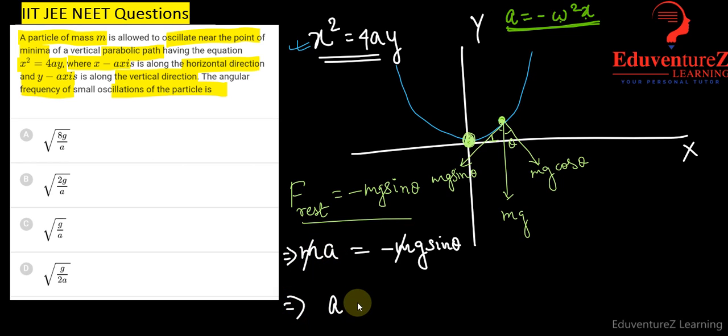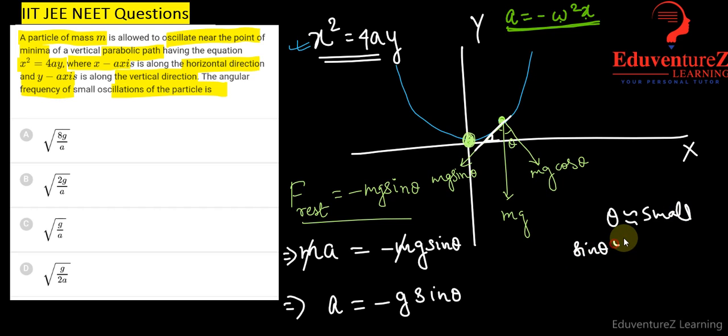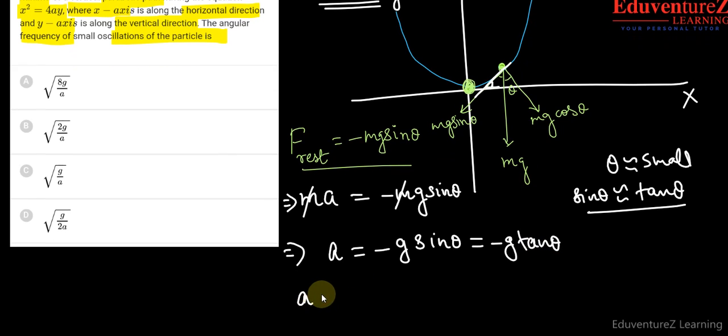A becomes equal to minus g sin theta. Theta is the angle with the x-axis for this tangent, and if theta is small, then sin theta is nearly equal to tan theta. So we replace sin theta, and the acceleration becomes equal to minus g tan theta.